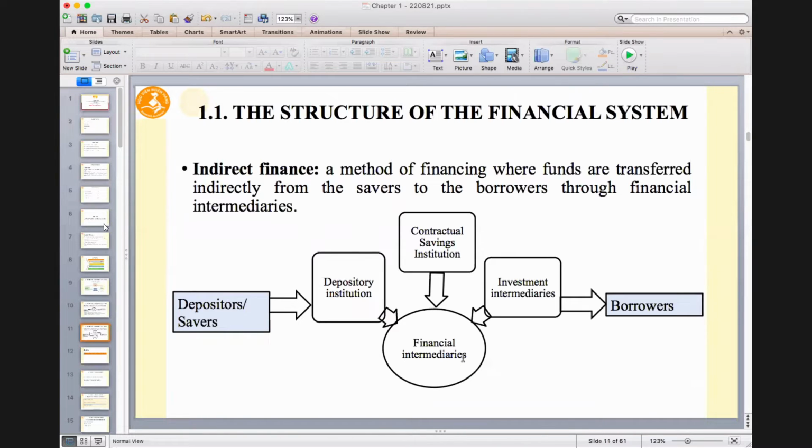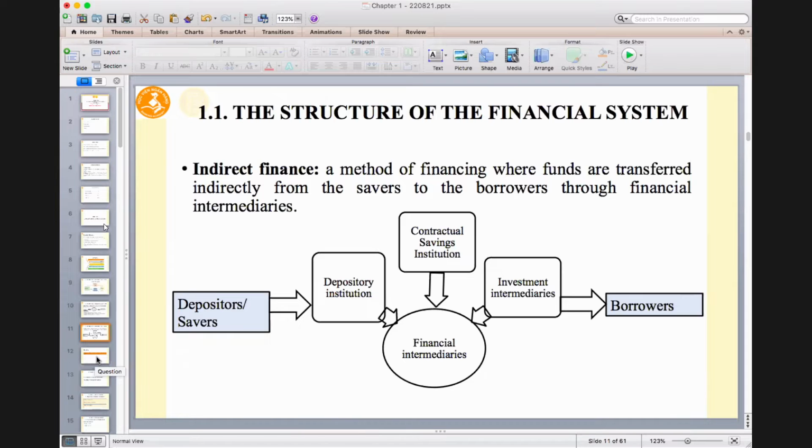And there are some kinds of financial intermediaries based on their features. So we have three kinds of financial intermediaries: depository institutions, contractual saving institutions, and investment intermediaries.